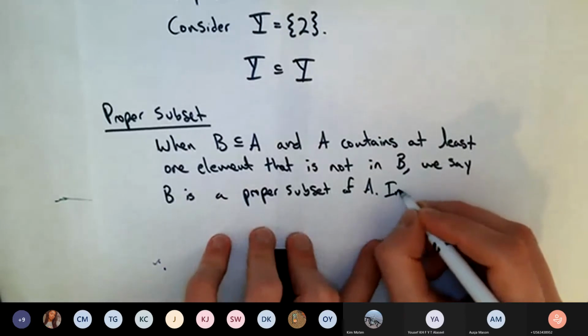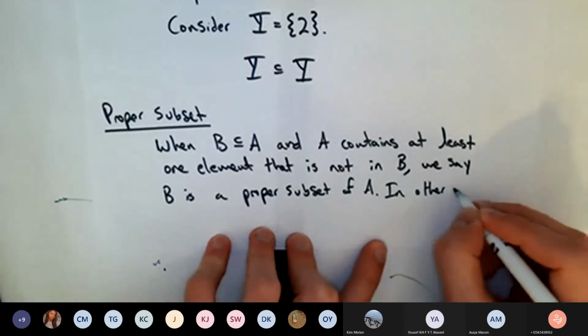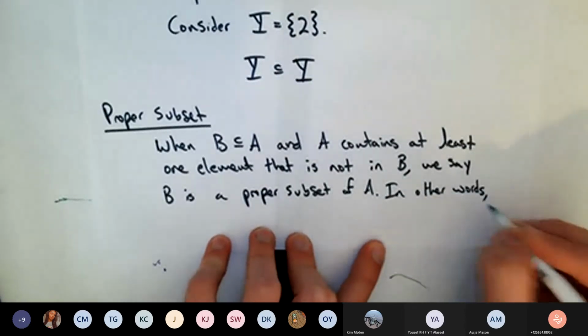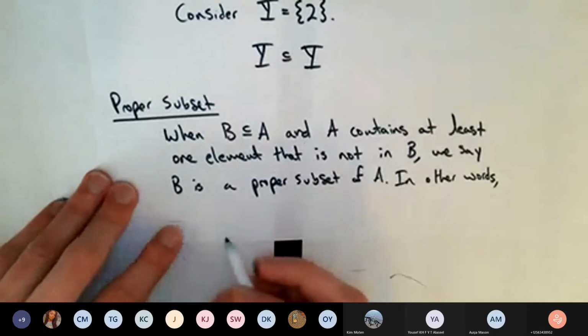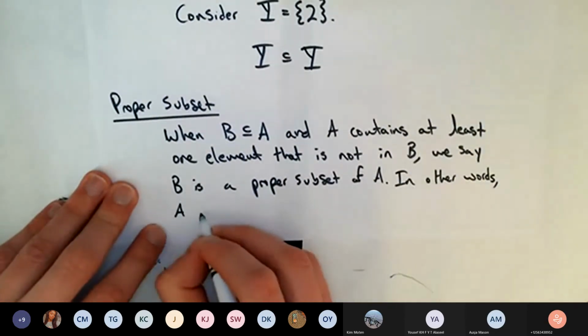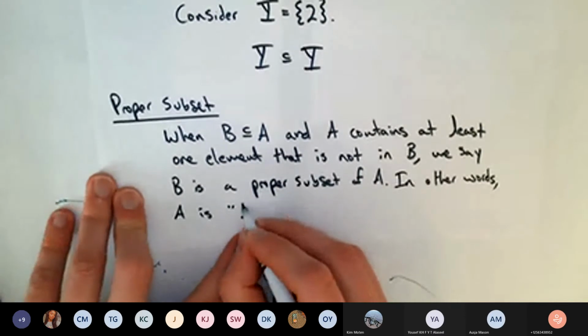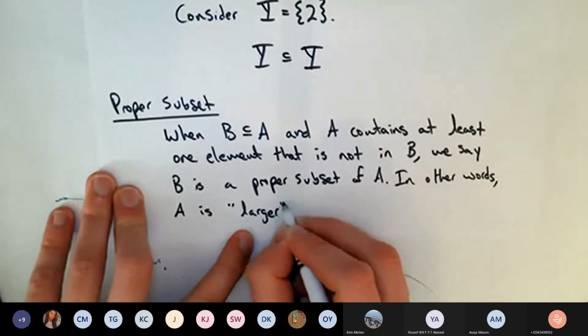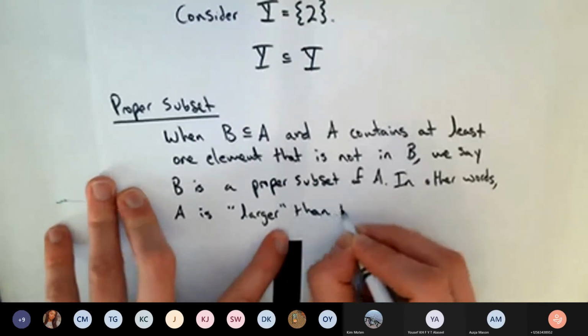In other words, you can think of A as, in quotes, larger than B.